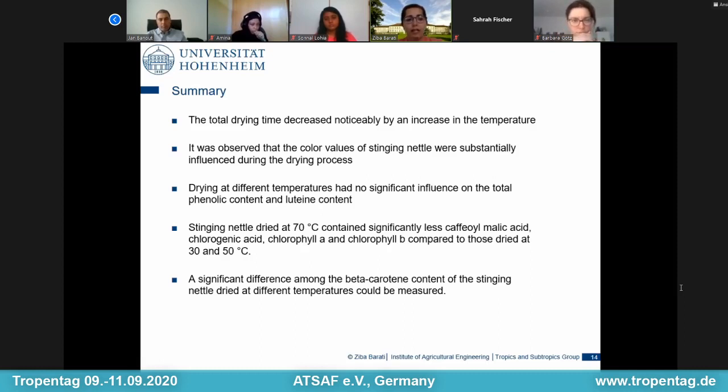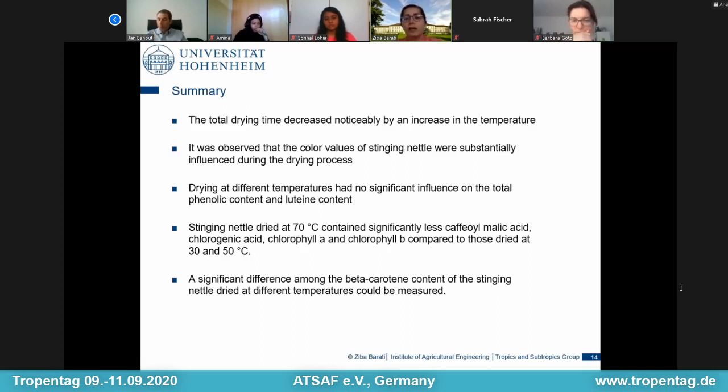In addition, we found that stinging nettle dried at 70 degrees Celsius contains significantly less caffeoyl acid, chlorogenic acid, chlorophyll A, and chlorophyll B compared to those dried at 30 and 50 degrees Celsius. There was a significant difference among the beta-carotene content of the stinging nettle dried at different temperatures.